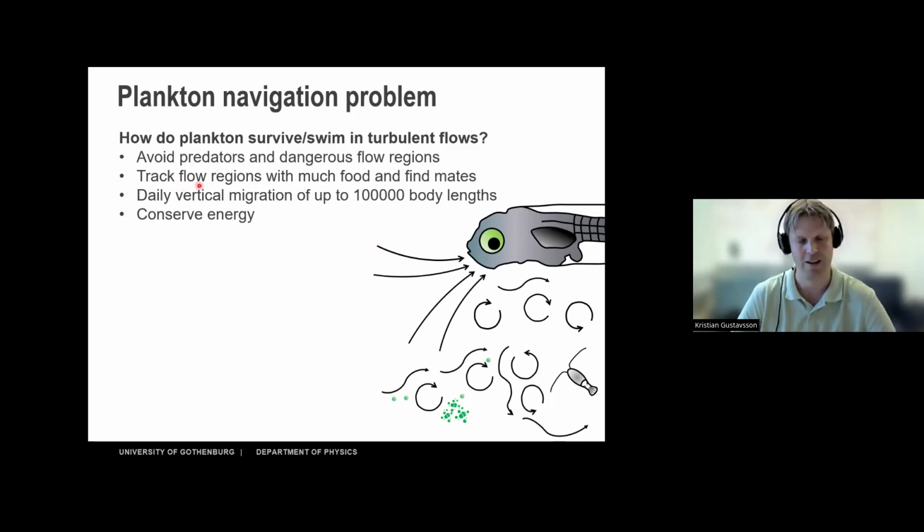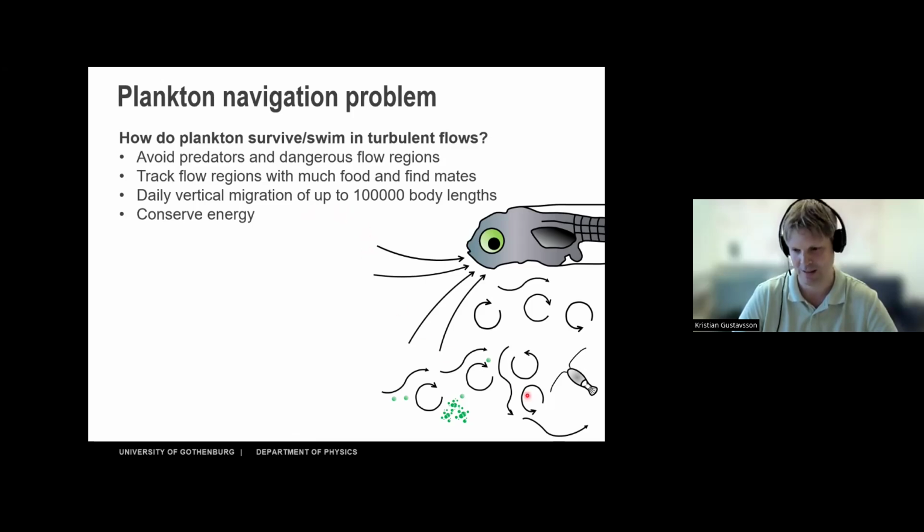Moreover, you need to track regions with much food and where you can find mates. The ocean is in general vast, with very large areas where you don't have any mates or food, and then regions where it's crowded. Another navigation task is daily vertical migration.